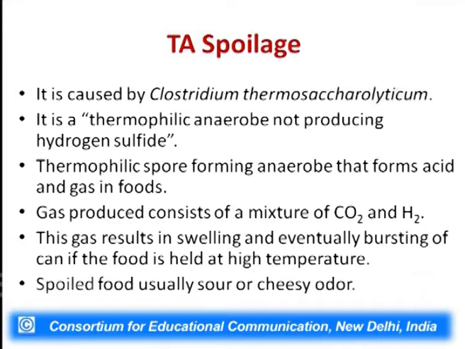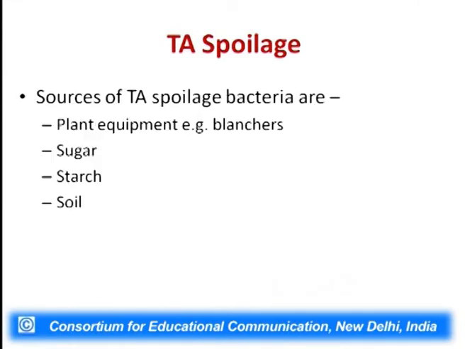Spoiled food usually has a sour or cheesy odor. Sources of TA spoilage bacteria in canned foods are plant equipment, for example blanchers, sugar, starch and soil.